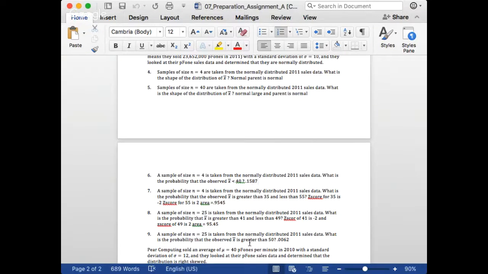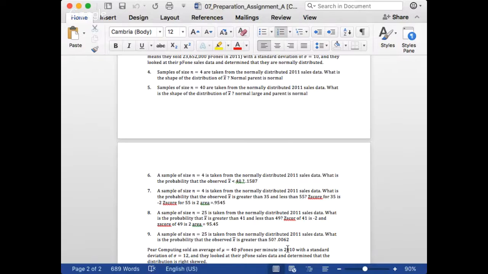A sample size of n equals 25 is taken from the normally distributed 2011 sales data. What is the probability the observed X bar is greater than 50? So it's sort of like we did last time. Basically, you take the z-score of 50 and then make sure to change your sample size at the bottom. So 50 minus 45 over 10 divided by the square root of 25.